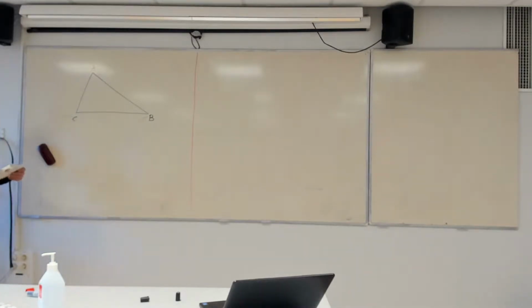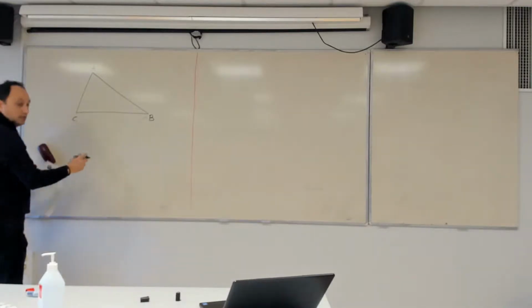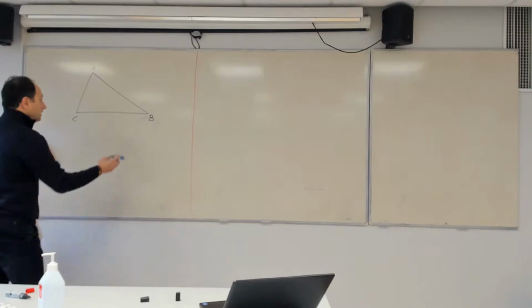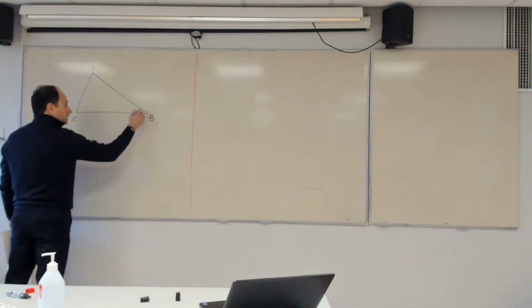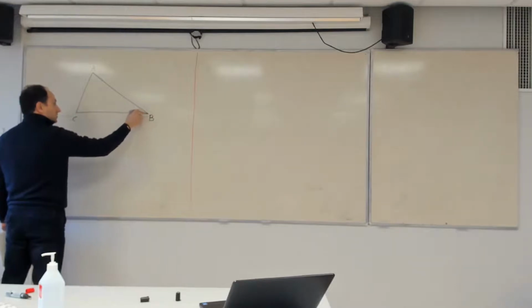Okay, in the following figure, the interior bisector of B and the exterior bisector of C of this triangle meet at point D. So it means that if I draw the internal bisector of angle B, this is the internal bisector.